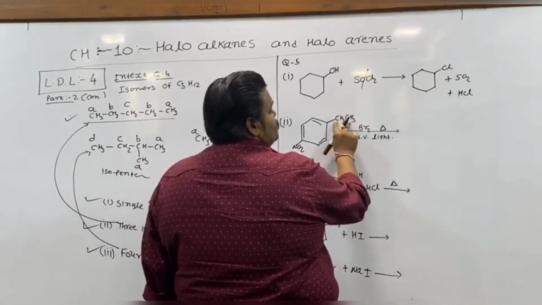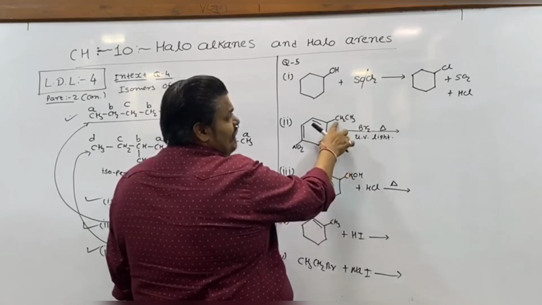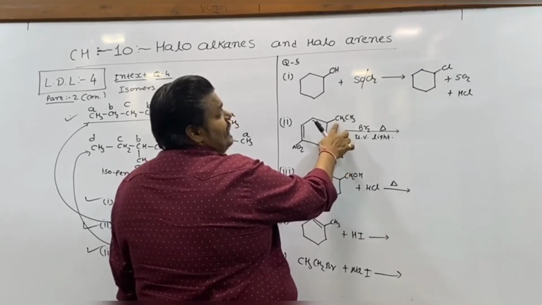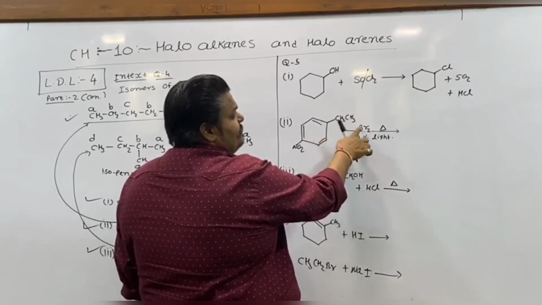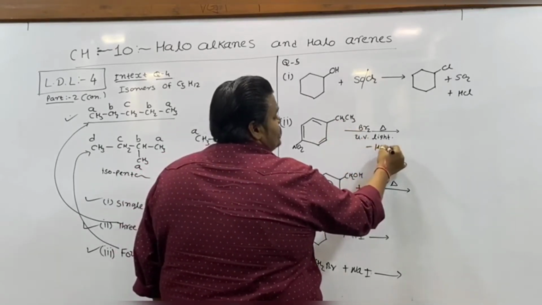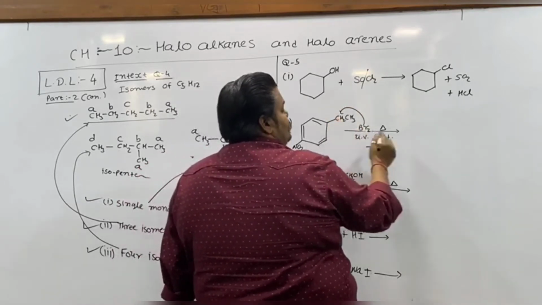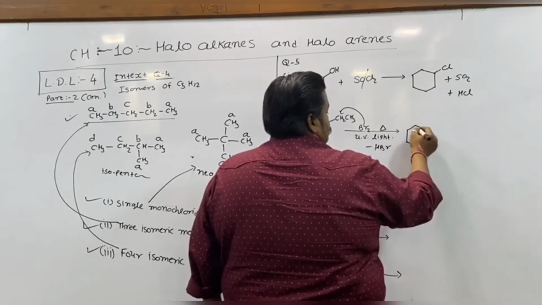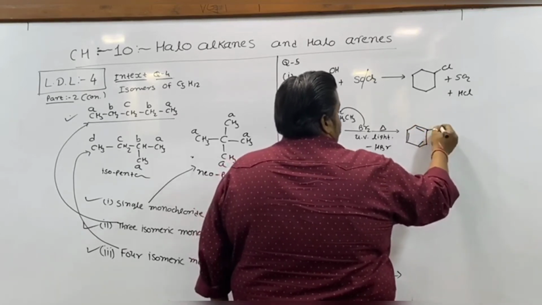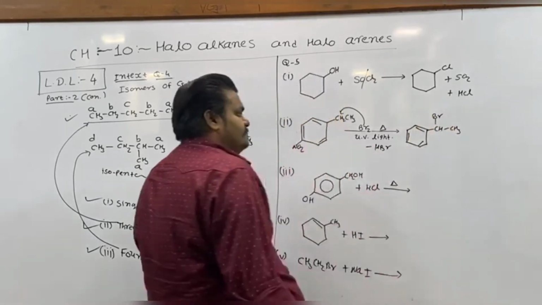So one of the hydrogens from these 2 carbons gets substituted, and more preferentially the hydrogen from this carbon gets substituted because it's a secondary carbon. Hydrogen from this carbon gets substituted with Br to release HBr first, and the remaining Br will take the place of hydrogen over this carbon to produce a compound, CH-Br-CH3.